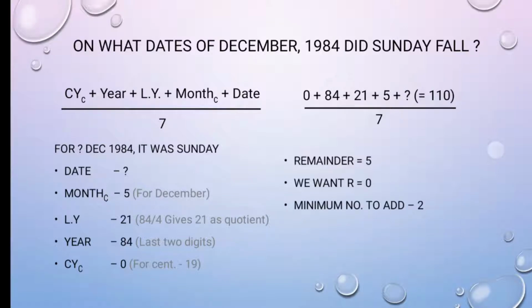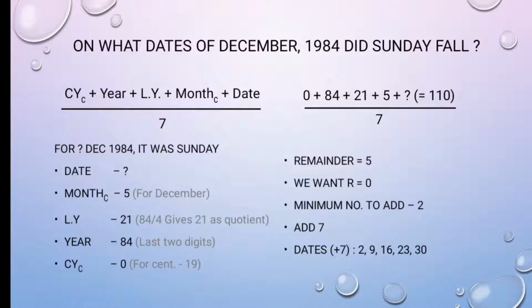So the first date you will get is 2, that is the number you have added, and afterwards you will keep getting dates by adding 7 to the number. First date is 2, so instead of the question mark, if 2 was there, the numerator would have been 112, and 112 is divisible by 7, or it gives the remainder as 0.